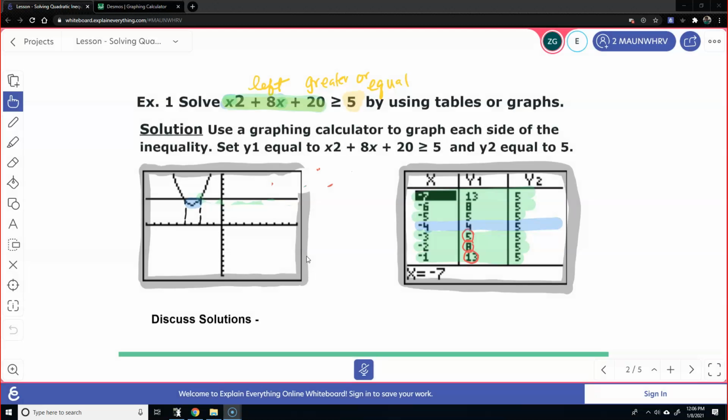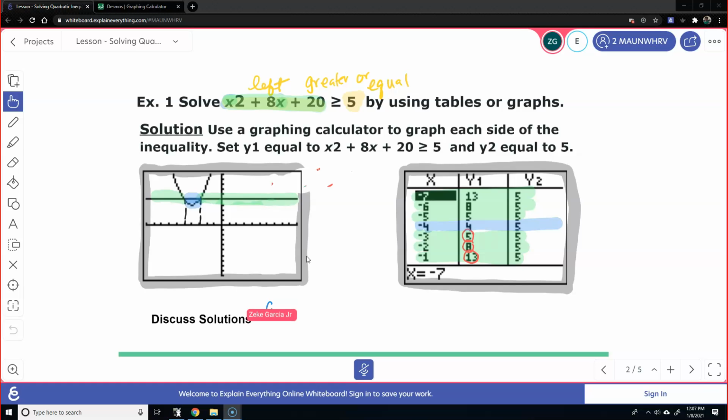What I'm trying to tell you is that anything that is greater than -3 is an answer, and anything that is below -5, including -5, is an answer. Okay, and anything that's in between these two will not be a solution to this inequality.